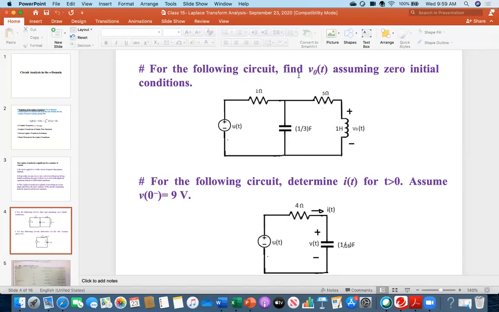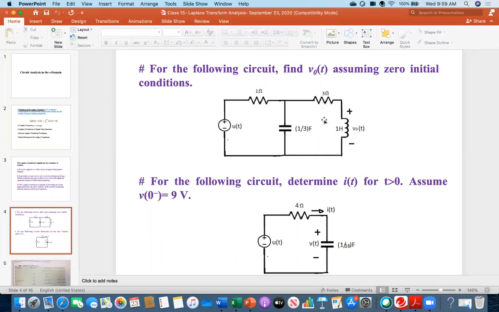I am asking you to find V naught, assuming zero initial conditions, meaning no initial condition is given. But you see the input, I have written u(t). As you all know, even from DC circuit courses, u(t) just means a unit step function.